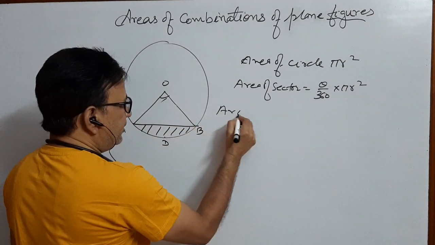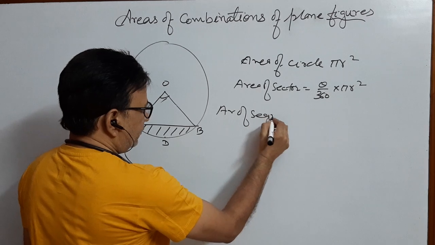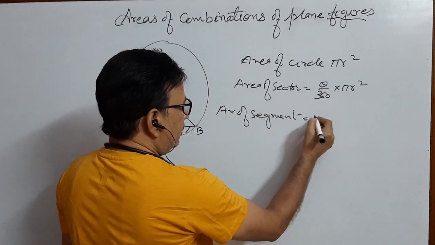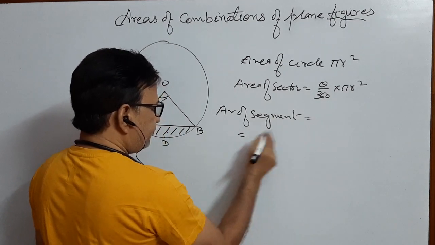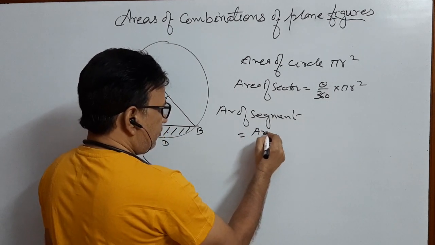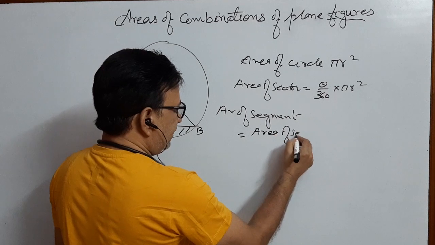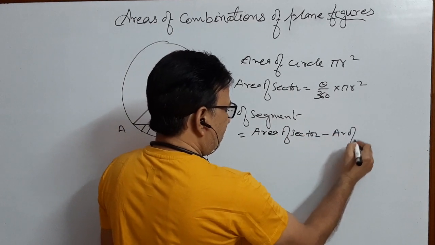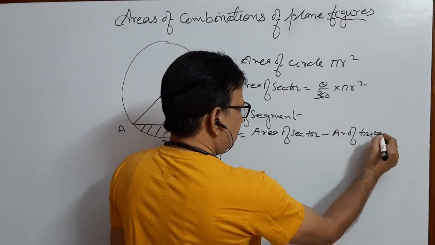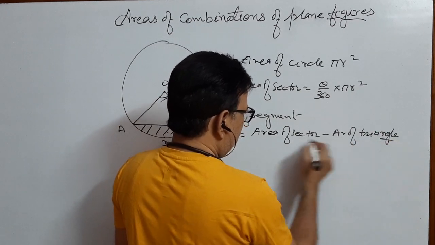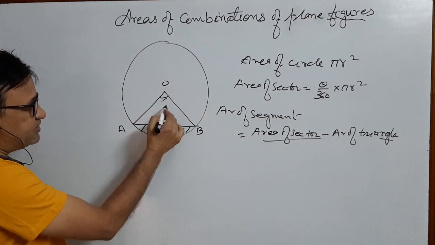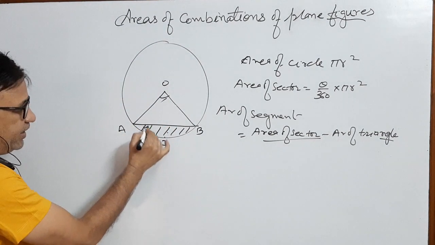So the area of segment is actually the area of sector minus the area of triangle, isn't it?